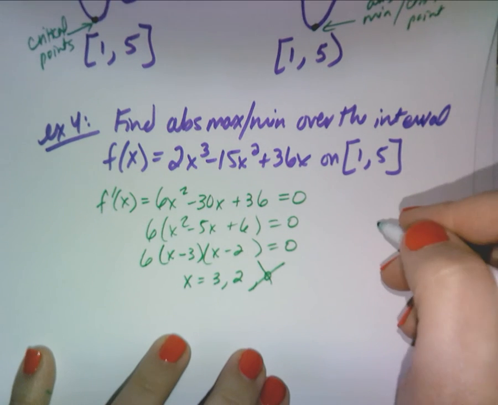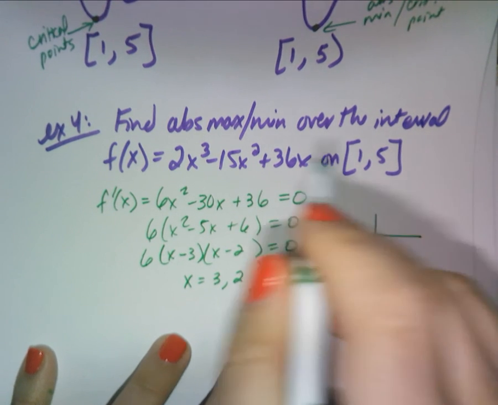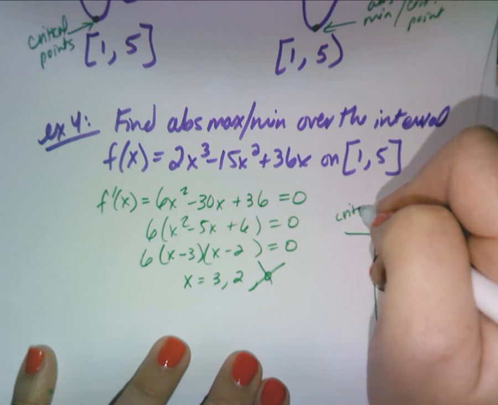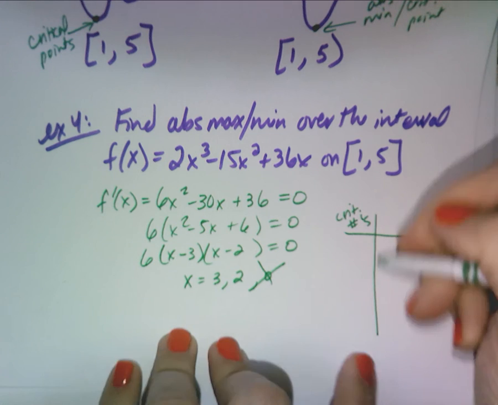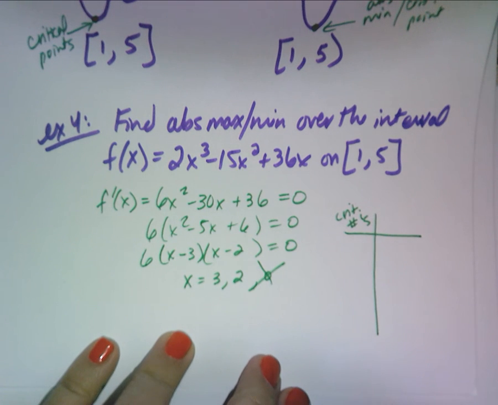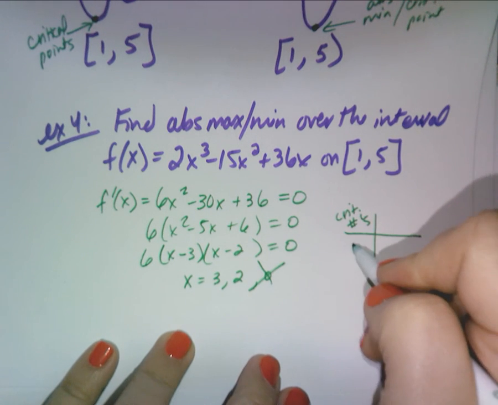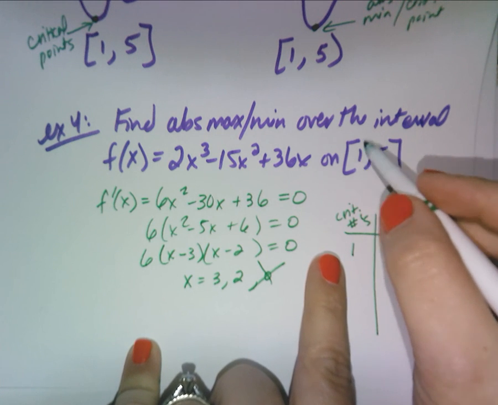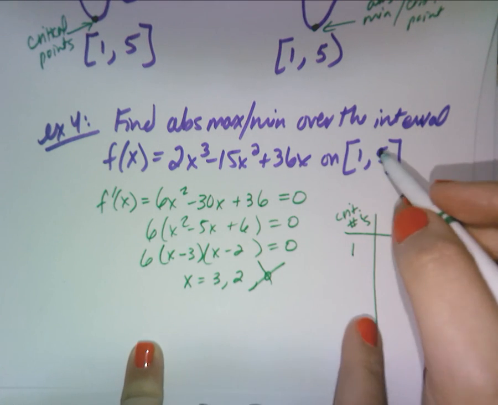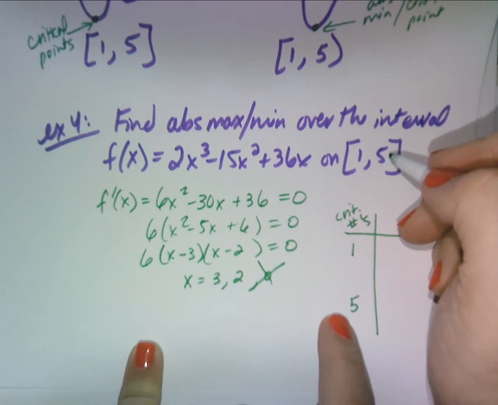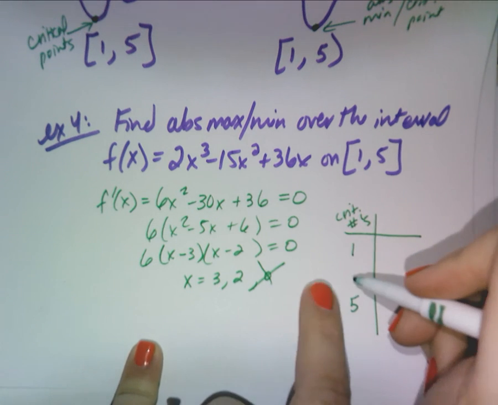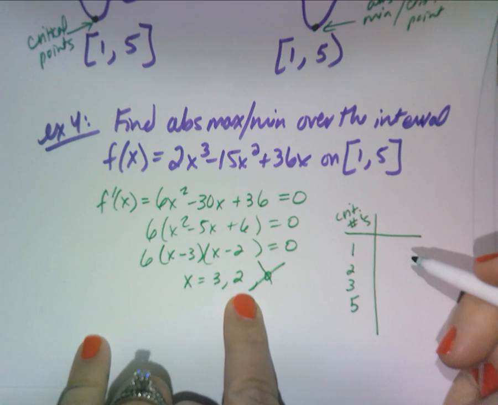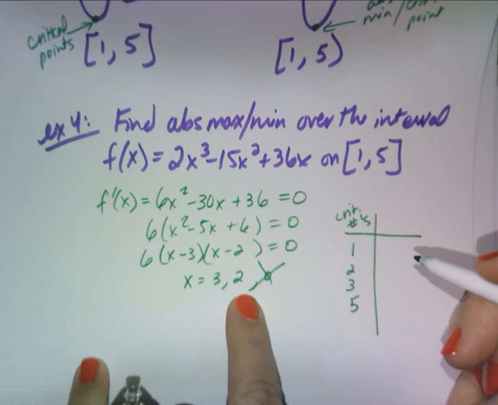Okay? So again, we are looking for absolute maxes and mins. So what you do is you put your critical numbers, I make a little table. And I put 1, because an absolute max occurs on a closed interval. So I put 1 here. I put 5 here. I put the other closed part. And then in between, I put my critical numbers, 2 and 3. Are you with me so far? Okay.